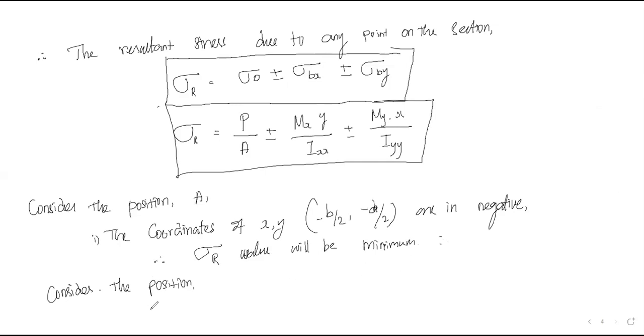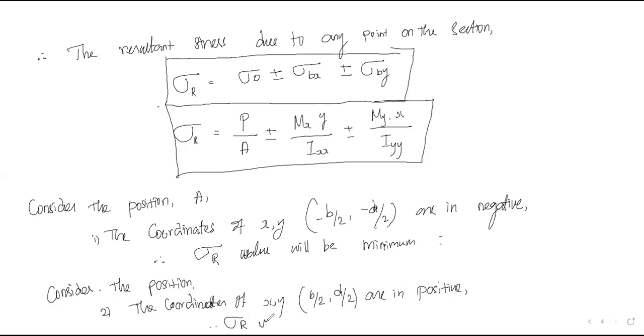The coordinates of x comma y are positive, therefore sigma r will be maximum.